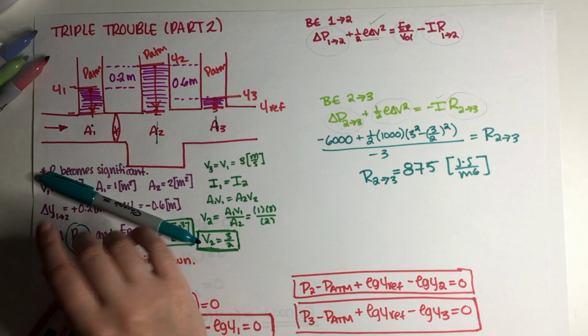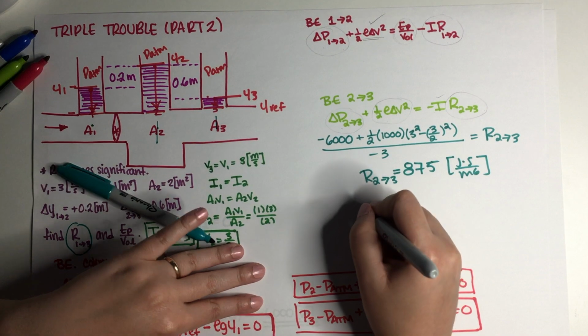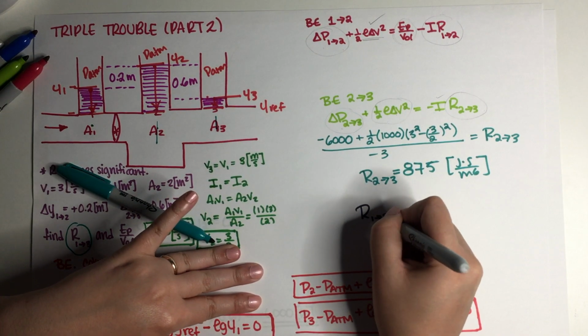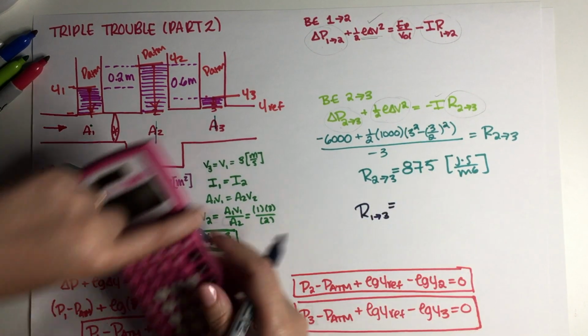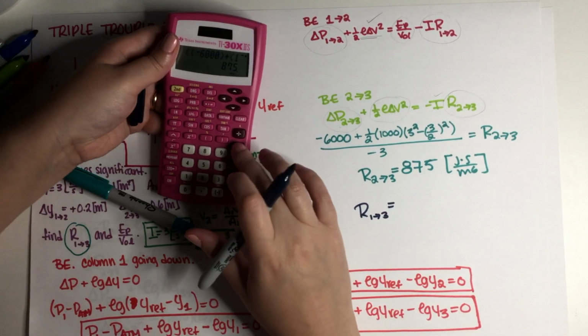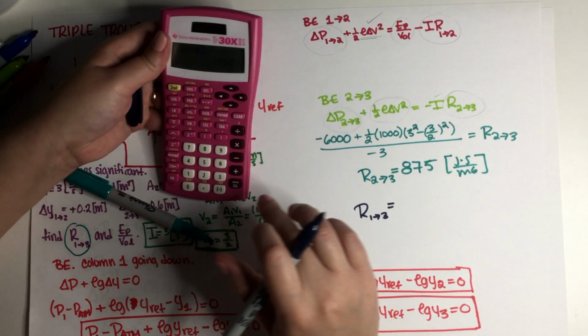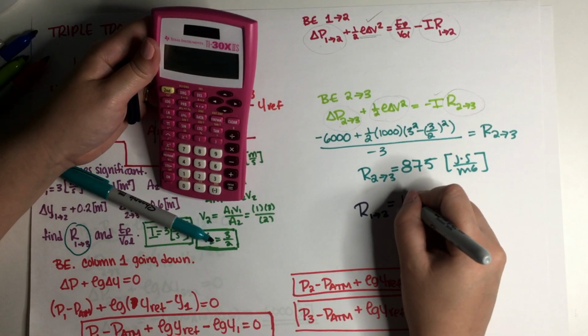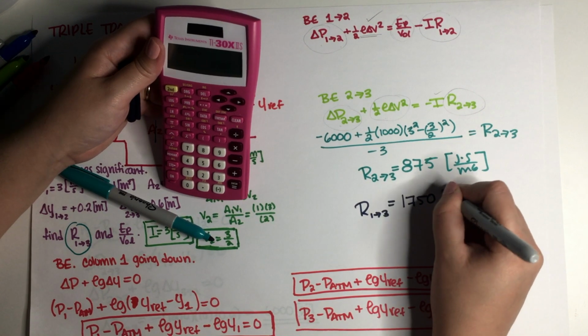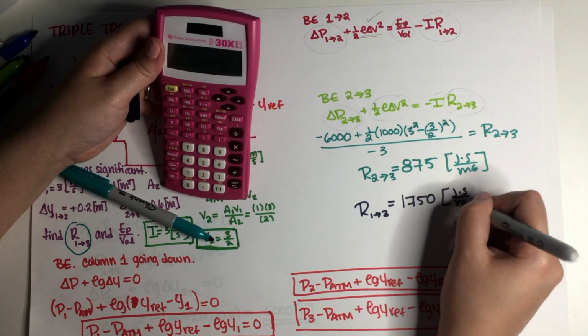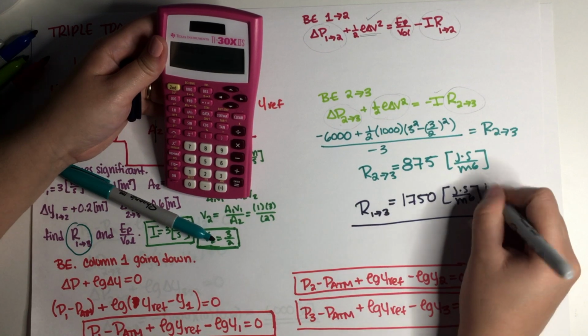So the final answer for the total resistance from 1 to 3 is 875 times 2, which is 1750 joules seconds per meter to the 6. Final answer.